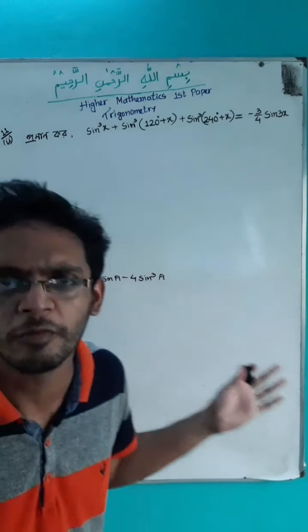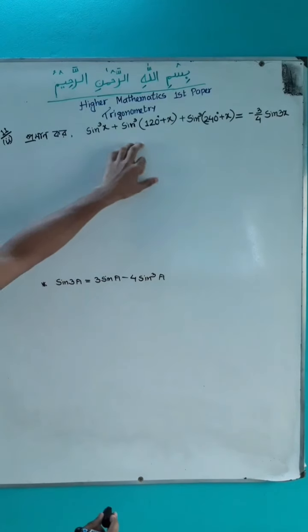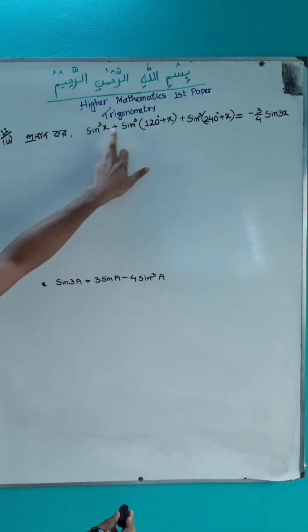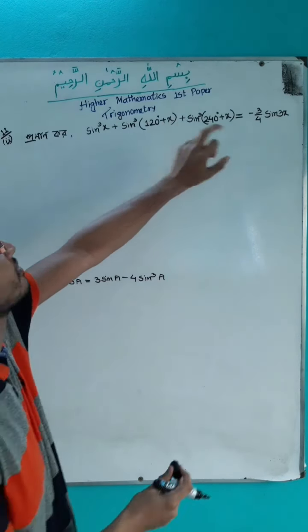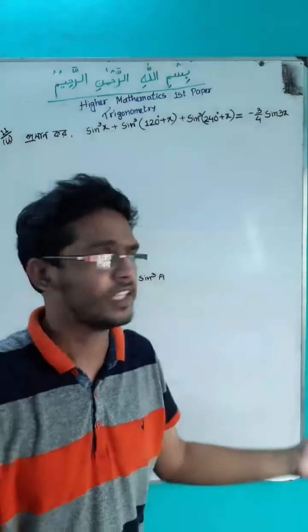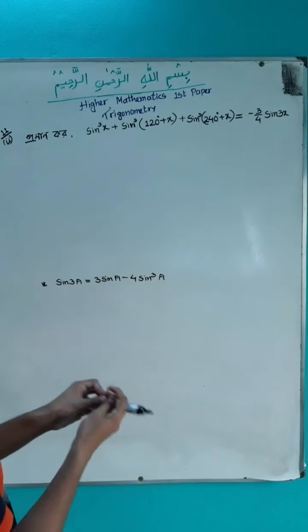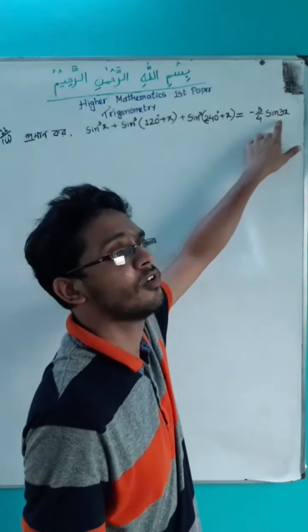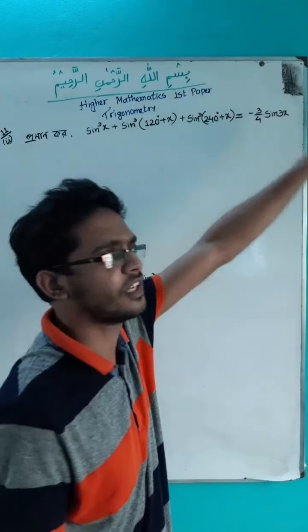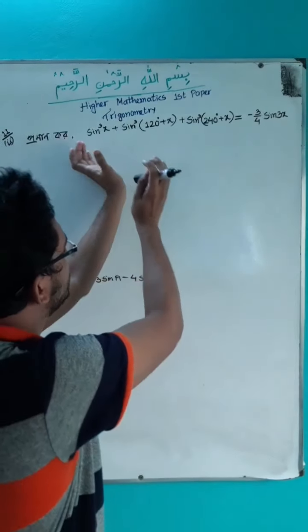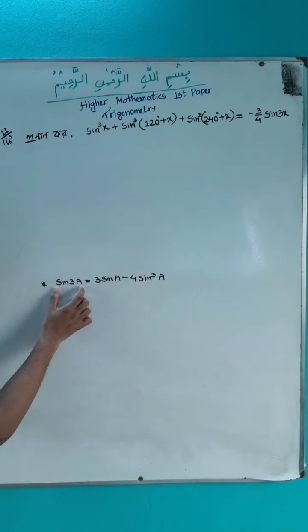Why do we need this formula? Because on the left there are cube terms, sin cube x plus sin cube (120 degree plus x) plus sin cube (240 degree plus x), and in the right hand side there is no cubic term, only the linear term sin 3x. So we need to convert the cubic term into this term.